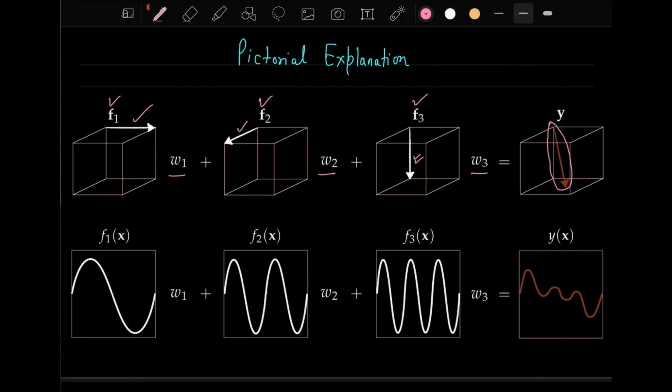By properly weighting these vectors, you not only implement this particular vector, but you can implement any vector in this three-dimensional space. So f1, f2 and f3 are called basis vectors in the terminology of linear algebra.